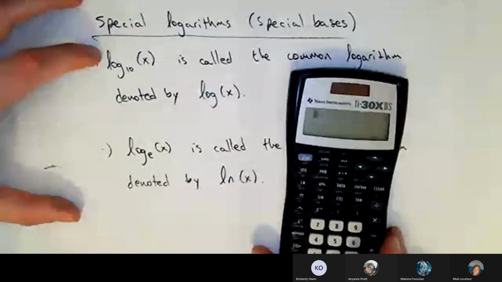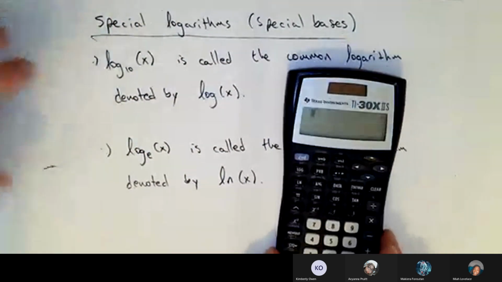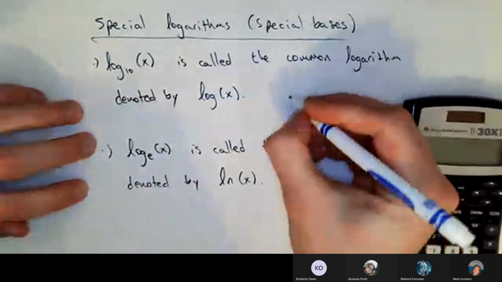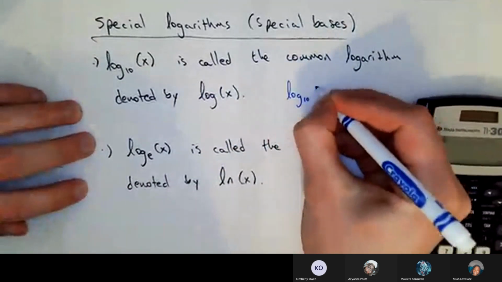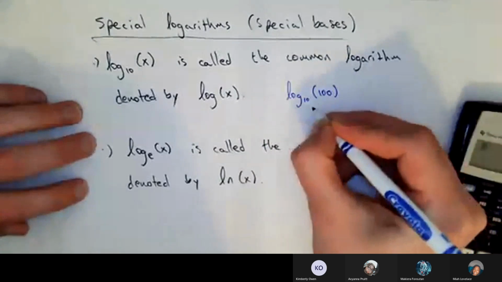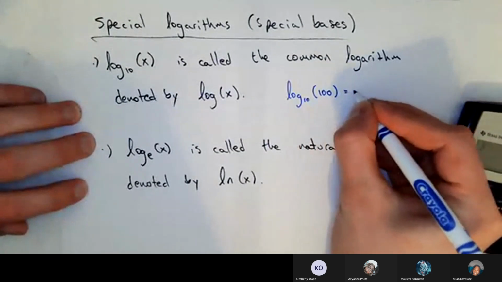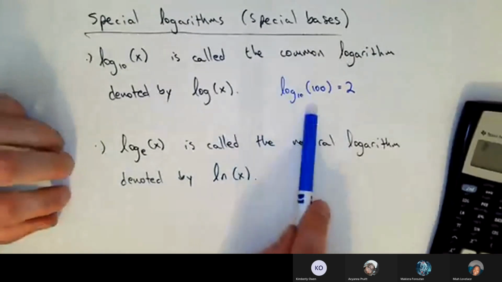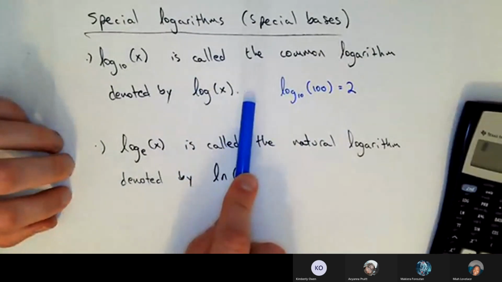And on the calculator, these each get their own buttons. So for instance, remember earlier I asked you, as a quick example, log base 10 of 100, and that means 10 raised to what is equal to 100, and we got 2, right? But now we know that log base 10 can just be written as log.